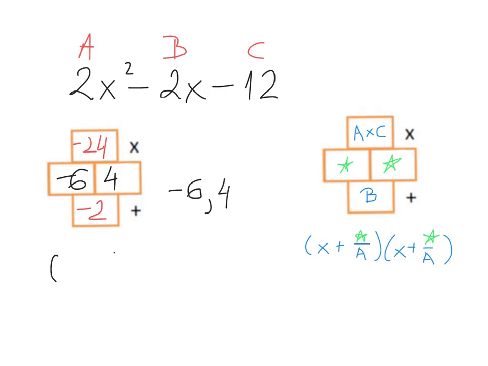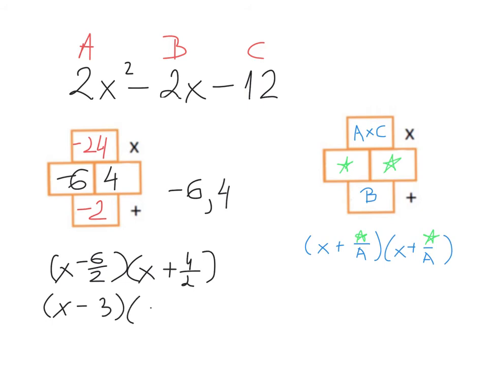Back-to-back brackets, x goes first, and then what happens if a is 2? We have to divide it at the end by 2. So we have minus 6 over 2 and positive 4 over 2. That means we have x minus 3 and x plus 2.